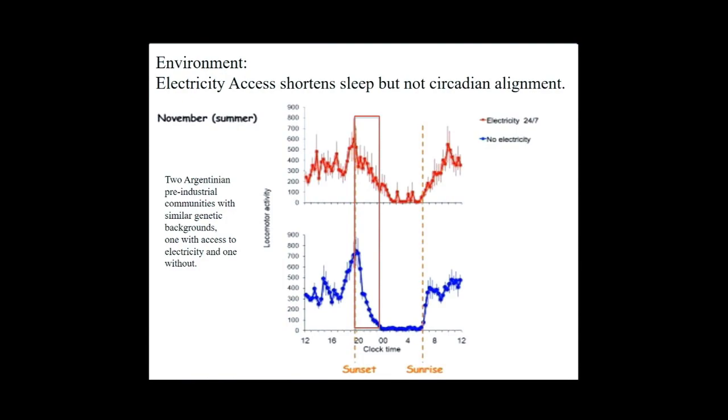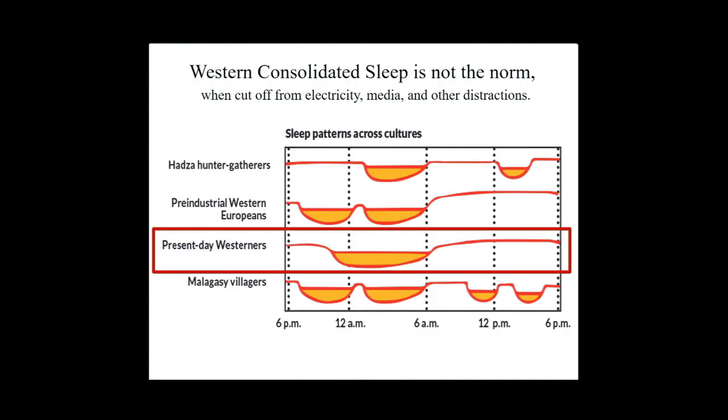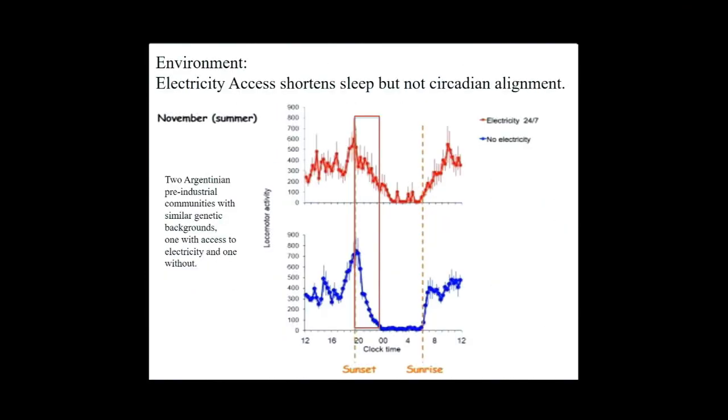Now their circadian rhythm is similar, but when sunset occurs, this group without electricity fairly rapidly decides to go to sleep, and the one with electricity has a delay. They have a shorter sleep period.